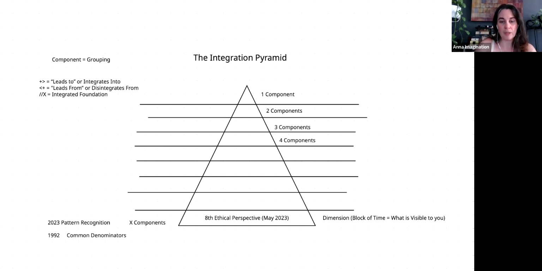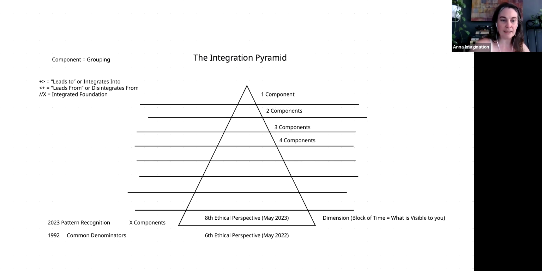It's been a while since I've thought about this material. So May of 2022, I was at the 6th ethical perspective. And in May of 2023, I was at the 8th ethical perspective and I started to track it.